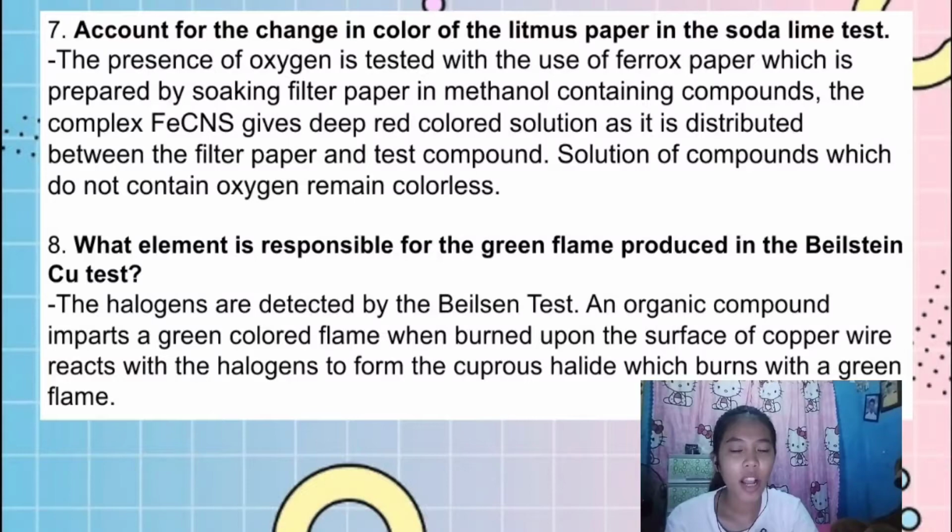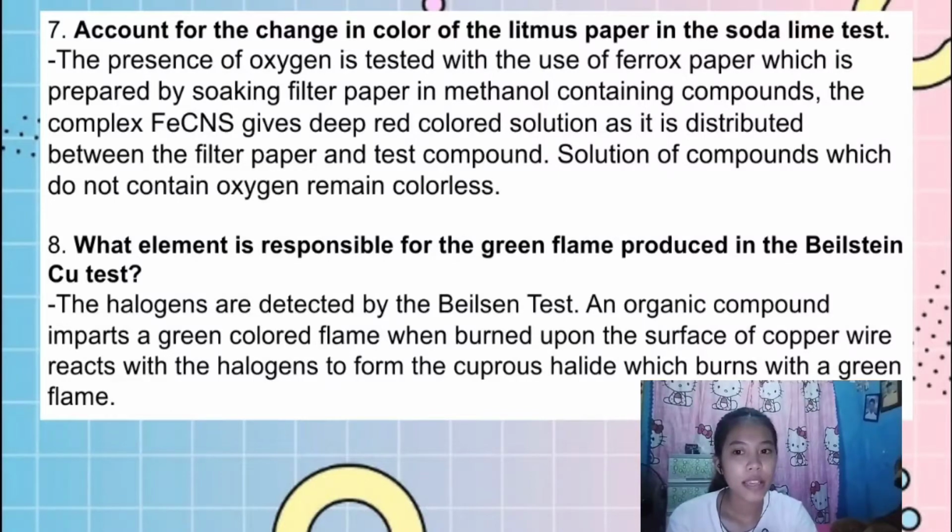Account for the change in color of the litmus paper in the soda lime test. The presence of oxygen is tested with the use of a Ferrox paper, which is prepared by soaking filter paper in methanol-containing compounds. The complex FeCNS gives a deep red colored solution as it is distributed between the filter paper and the test compound. Solutions of compounds which do not contain oxygen remain colorless.